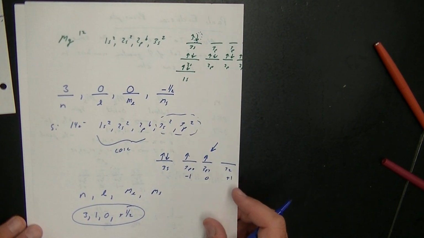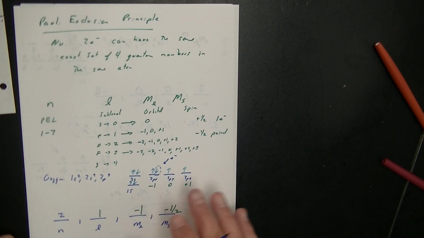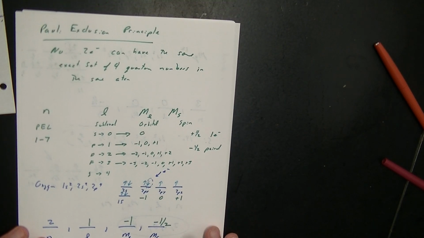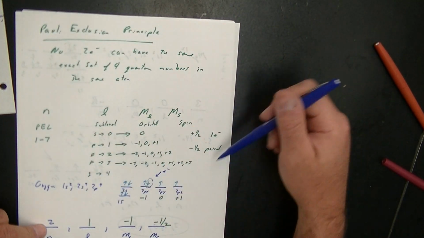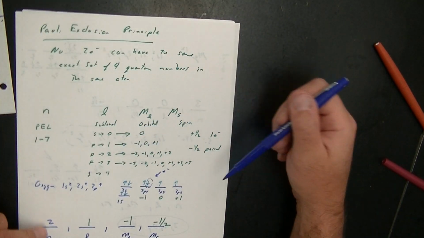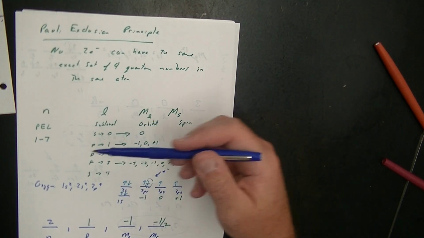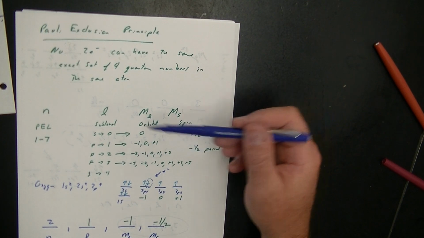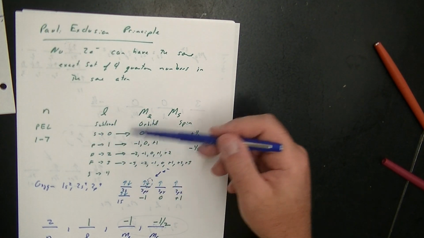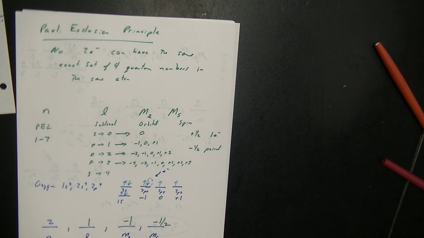So what I would do, when you're coming up with your four quantum numbers, I would have this little summary right here in front of you. It'll be easier for you to come up with your numbers until you learn the different things. That will help you.